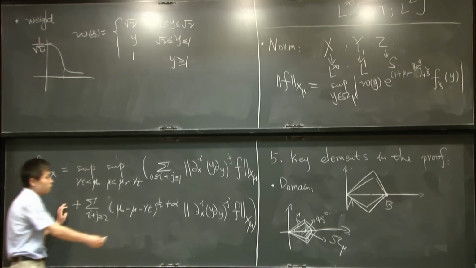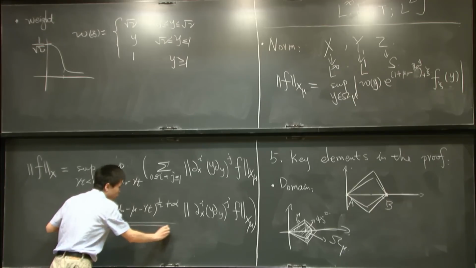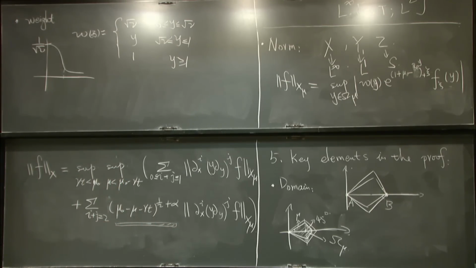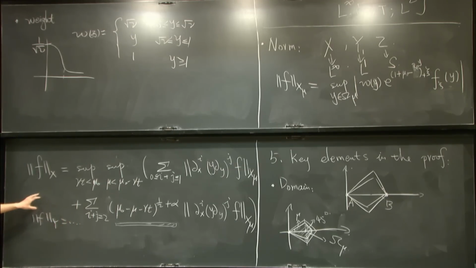And this weight function is really the key point to do this analyticity recovery. That's the L infinity based norm, and you can similarly define the y norm, the L1 based one.